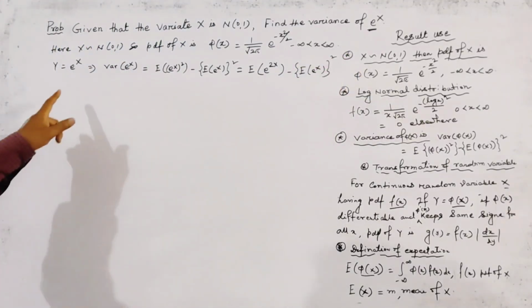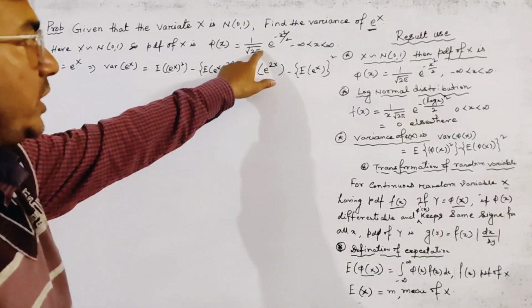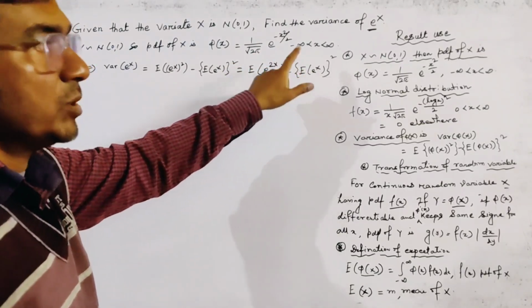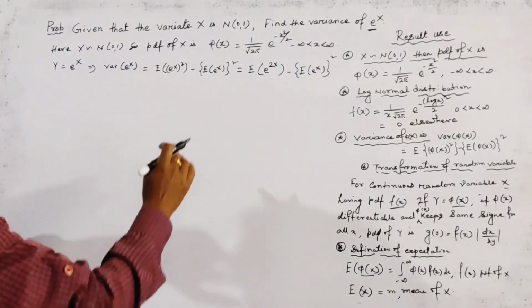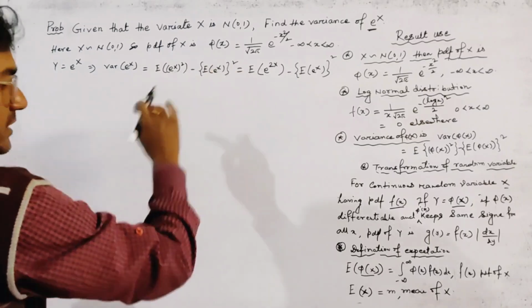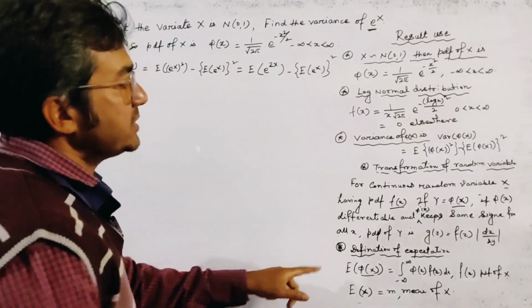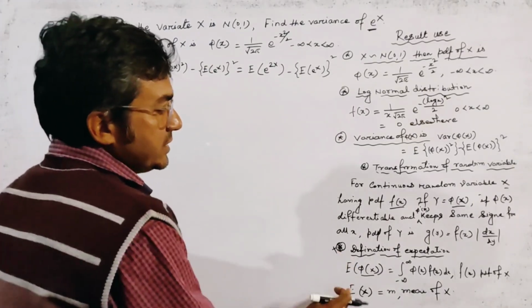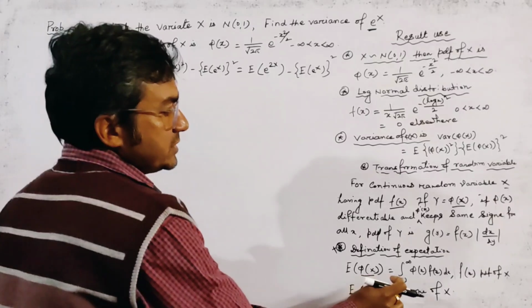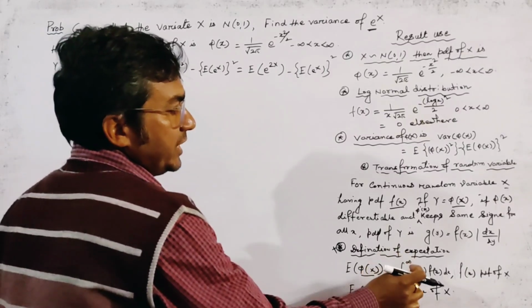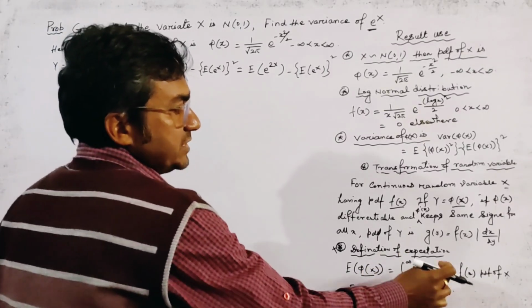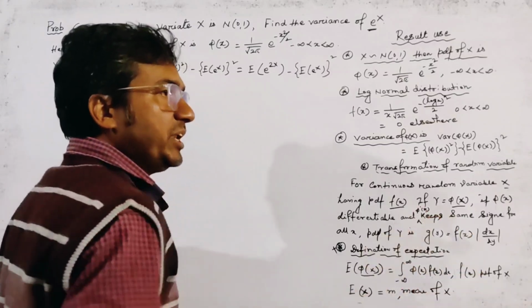Now we find the value of expectation e to the power 2x and expectation e to the power x one by one. To find the expectation, we use the definition of expectation: expectation of phi of x is the integration from minus infinity to infinity of phi of x into fx dx, where fx is the PDF.